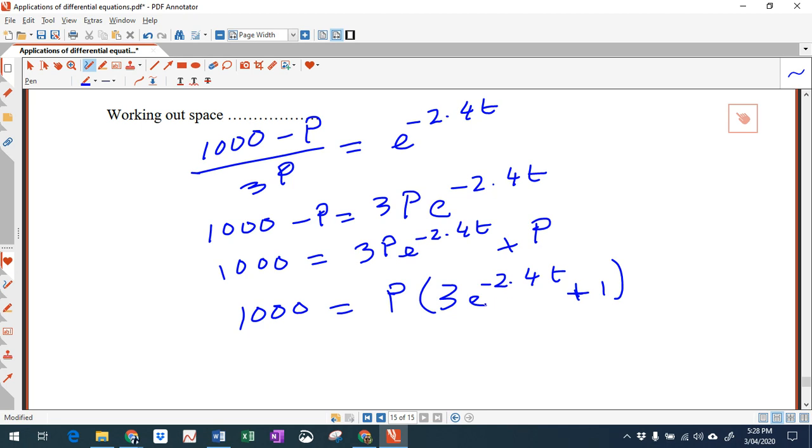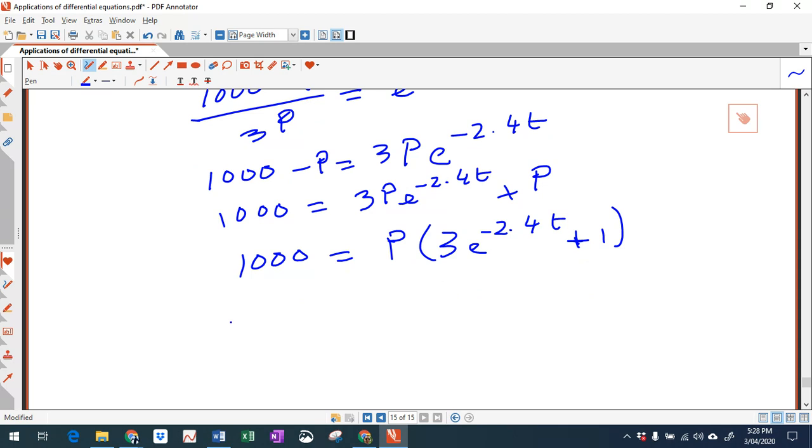Okay, and that's looking good. And then the last bit we just got to do is divide through. So you're going to get P equals 1 plus 3E to the minus 2.4T. Actually, that's not right, is it? So close.